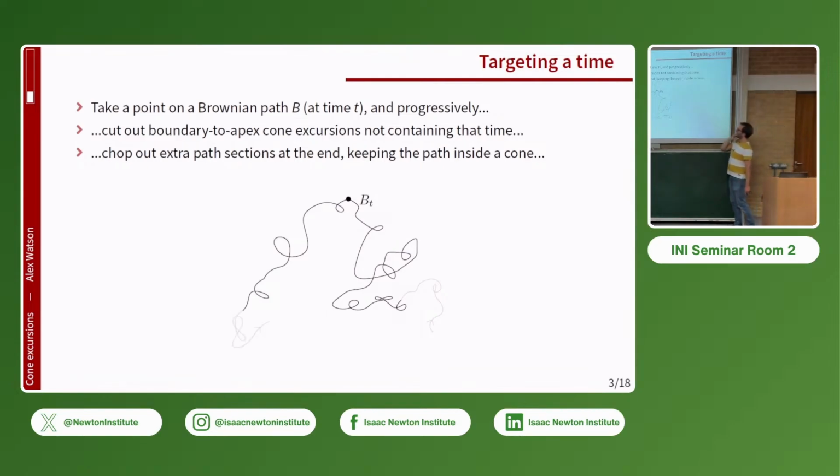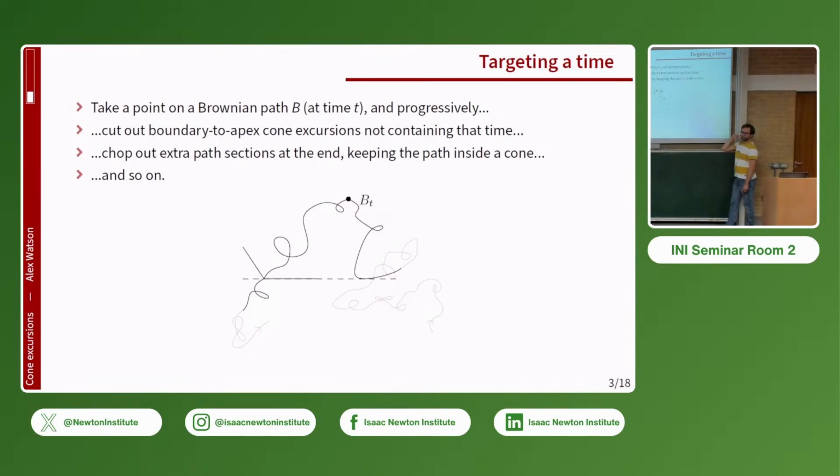Do the same thing here. Found another boundary to apex excursion, cut that out. Can I shorten my path? Not really, so I leave that side of it as it is. Find another boundary to apex excursion. This one starts at this side of the boundary and goes there. Cut that one out and everything up to it.